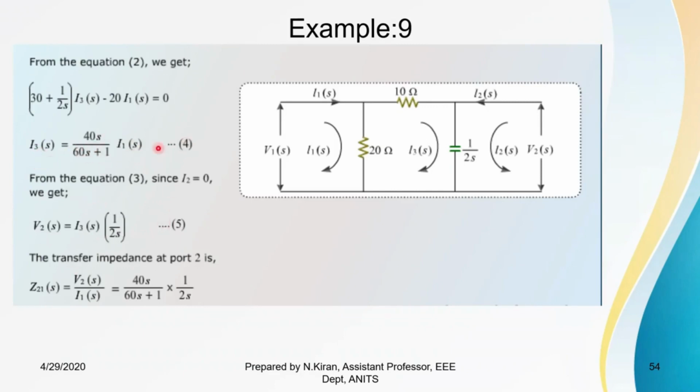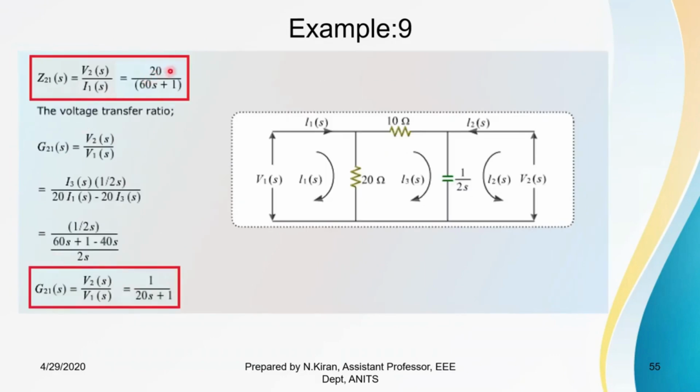So using these two expressions, I can write V2 of s by I1 of s to be this expression. In other words, I have substituted the fourth equation in the fifth equation, which will give me the value of Z21 of s. On simplification, we get 20 by 60s plus 1.